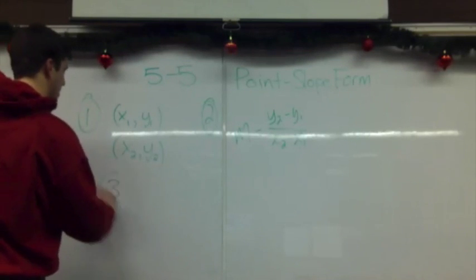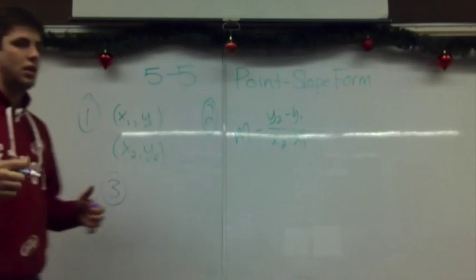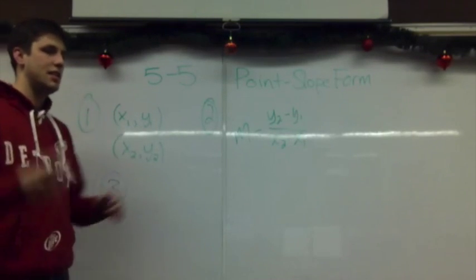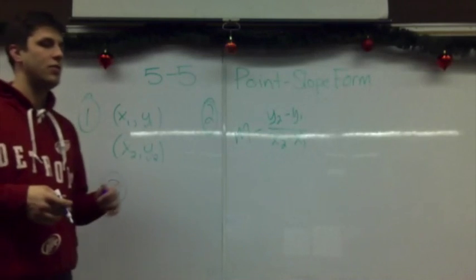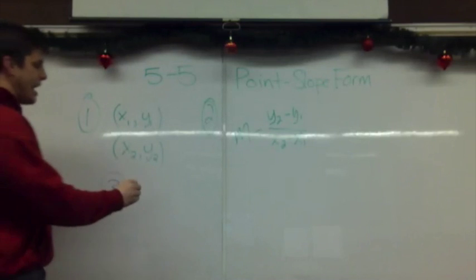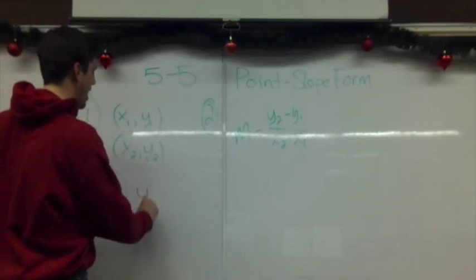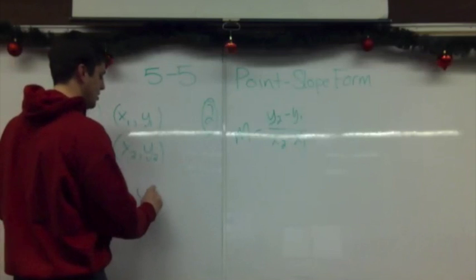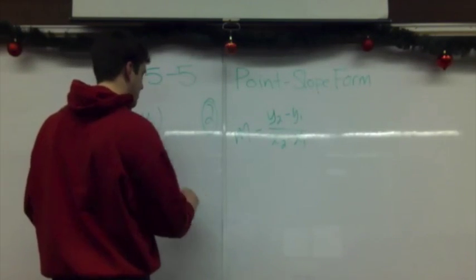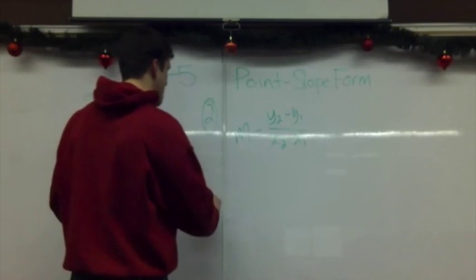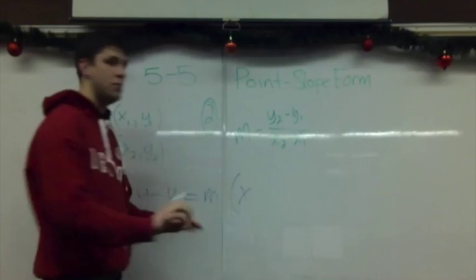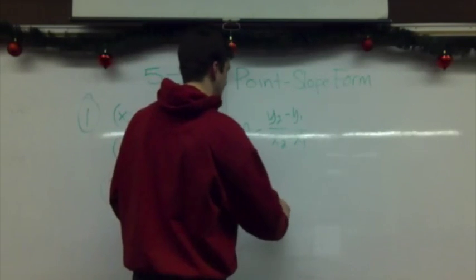So this step is to use your point-slope form, and if you read the italicized words in the thought cloud, you'll be able to hopefully figure out what it is. In this case, what you do is you take y, and you leave y just as a variable. You'd subtract y1 from it. You would put that equal to m, your slope, times x, which is a variable, you aren't substituting anything in there, minus x1.